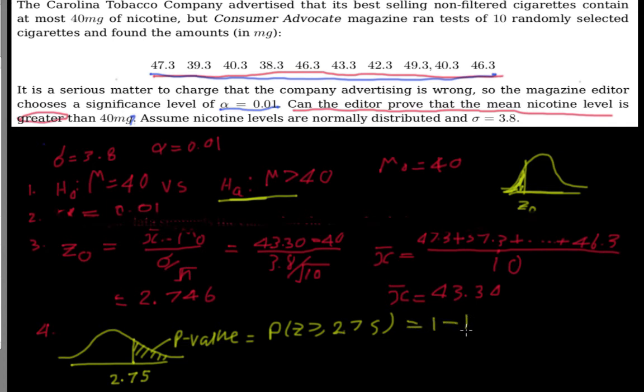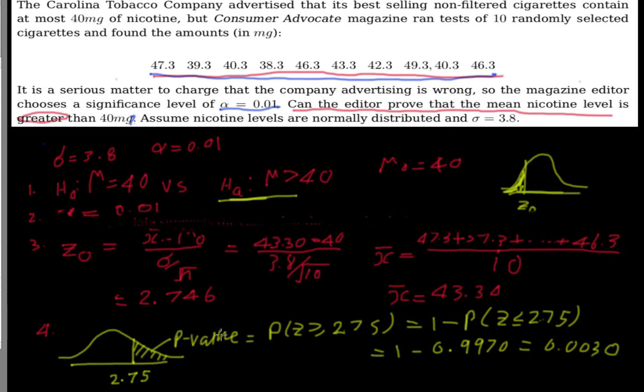So we have to write down probability z less than or equal 2.75. If you check the table, it gives the value 0.9970. So this answer should be 0.0030.